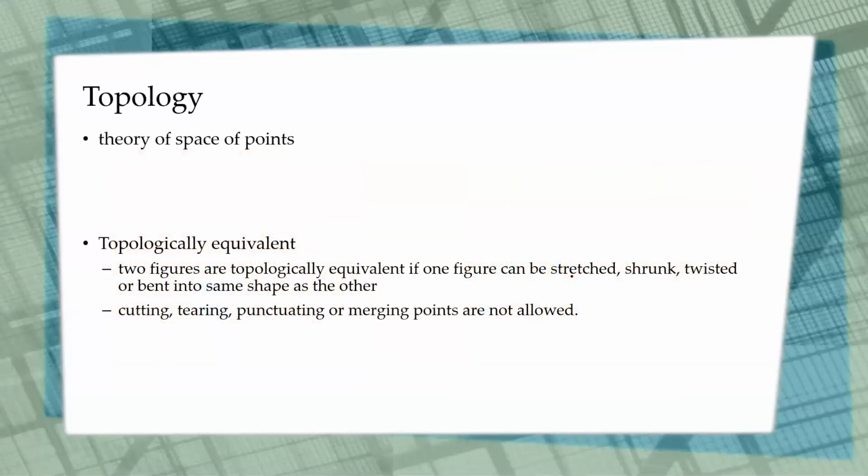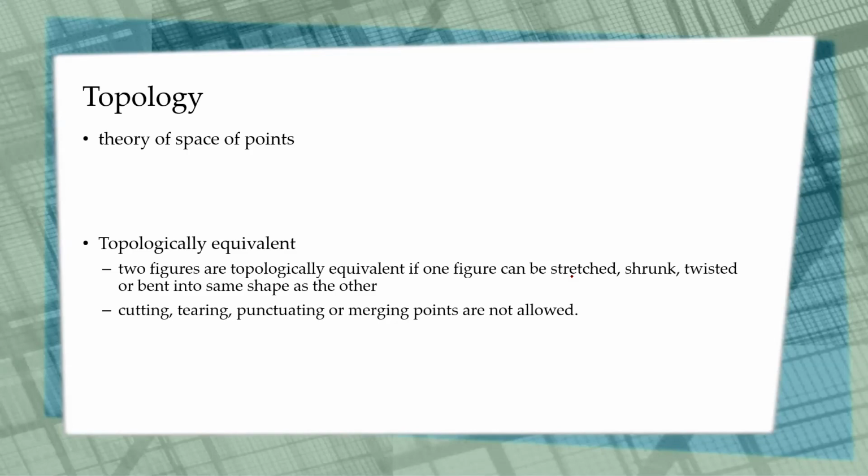And of course, it brings us to topology, which is the theory of space of points. And not only do we look at shapes now as something that is similar or congruent, but we can also look at space, at shapes, that if we can deform that or we can do something on that shape so that it becomes another shape, then that's the study of topology.